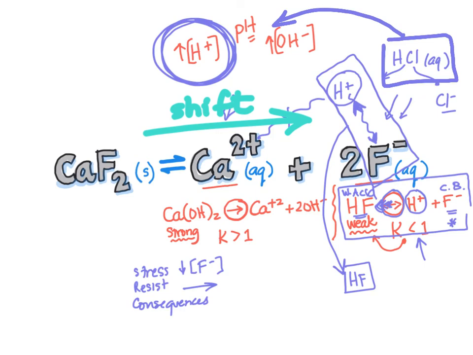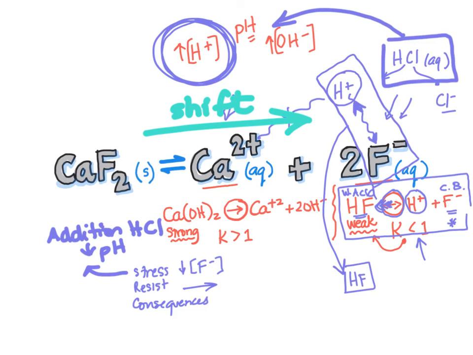So basically, the original stress that we put into the system was the addition of hydrochloric acid. So we made everything very acidic, which is the same as to say that we lowered the pH.